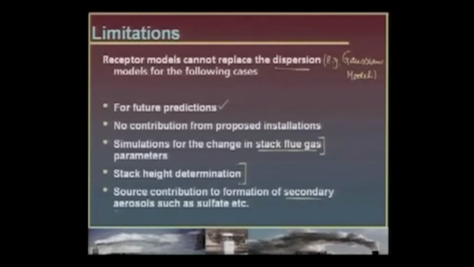Also, the source contribution to the formation of secondary particles cannot be determined. If you recall, secondary particles are particles which are formed in the atmosphere, such as sulfates and nitrates. There will be a gaseous pollutant that might react with another gaseous pollutant, and what you may get is particles.